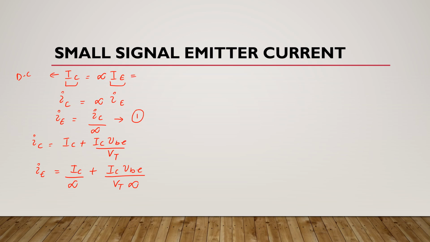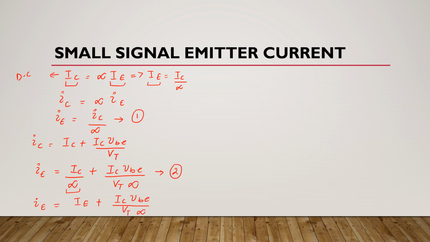Now if we rearrange this equation, we know that IE is equal to IC divided by alpha. This is equation number 2. Now if we put this value of IE here, this equation becomes instantaneous emitter current is equal to IE plus IC vbe divided by Vt alpha.